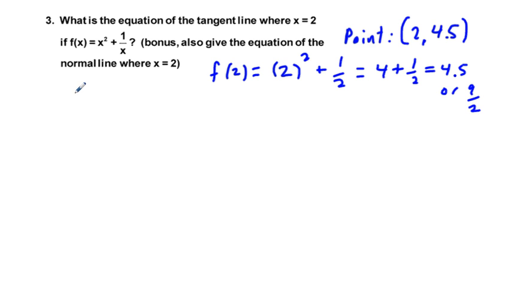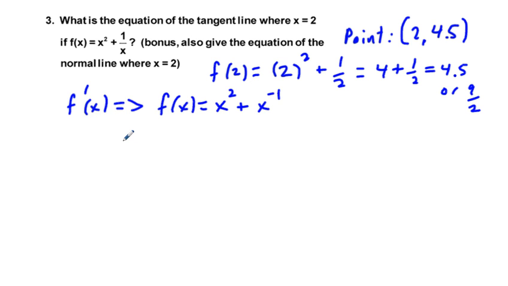Then now our slope, we're going to need f prime of x. Well, what we're going to do first, we're going to put f of x in what we call calculus-friendly form. It's going to be x squared plus 1 over x, which is x to the negative 1 power.